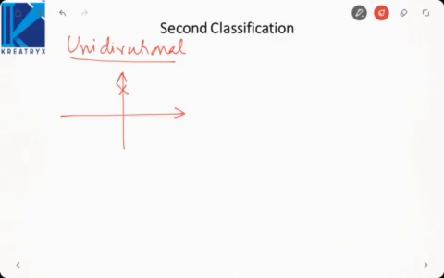So when it is conducting, it will lie on the y-axis, so that voltage of the switch is 0. This is I, this is V. What is the example? Diode. It can only carry current from anode to cathode. SCR, anode to cathode. Transistors, they also carry current in one direction. So most of the devices are unidirectional.